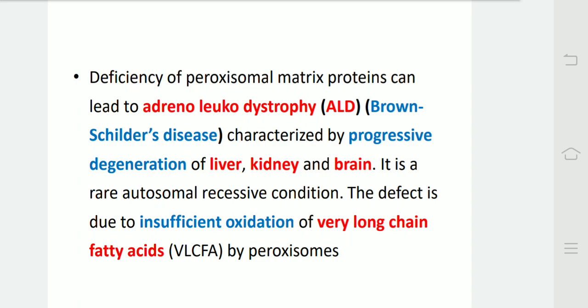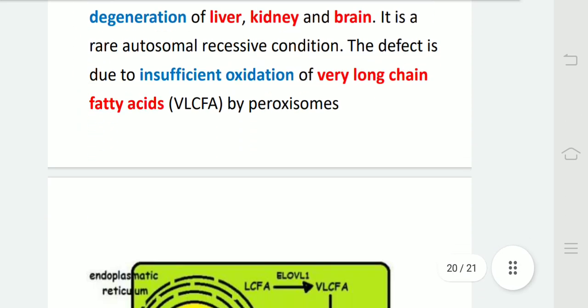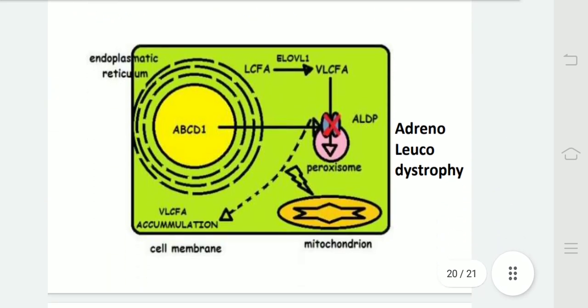The defect is due to insufficient oxidation of very long chain fatty acids by peroxisomes. In this diagram, we can see the accumulation of very long chain fatty acids inside the cell, outside the mitochondria, because of their insufficient oxidation.